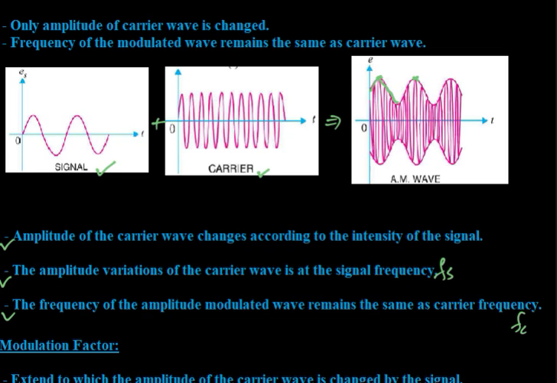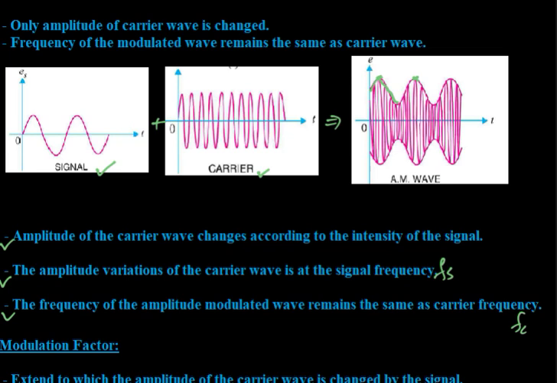And if you consider the frequency of these amplitude variations of the carrier wave, it is same as that of the signal frequency. Also, if we consider the frequency of the amplitude modulated wave, that remains the same as that of the carrier frequency.